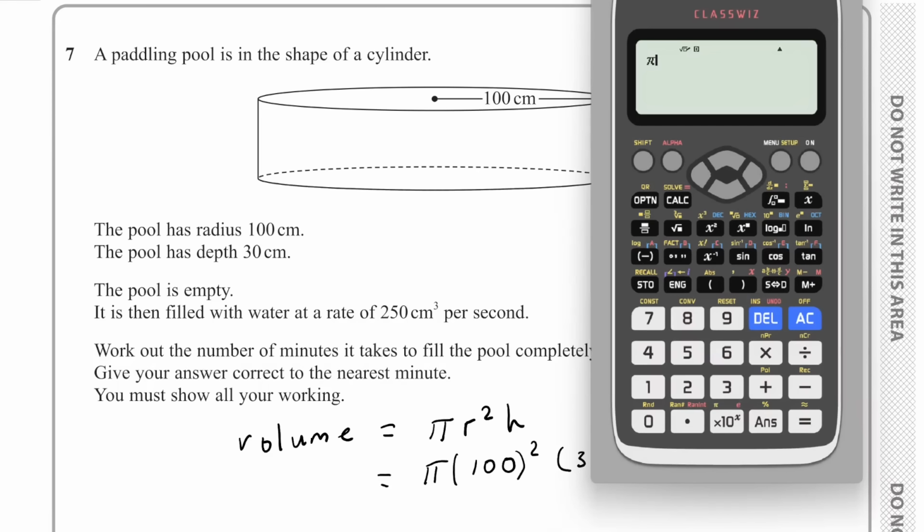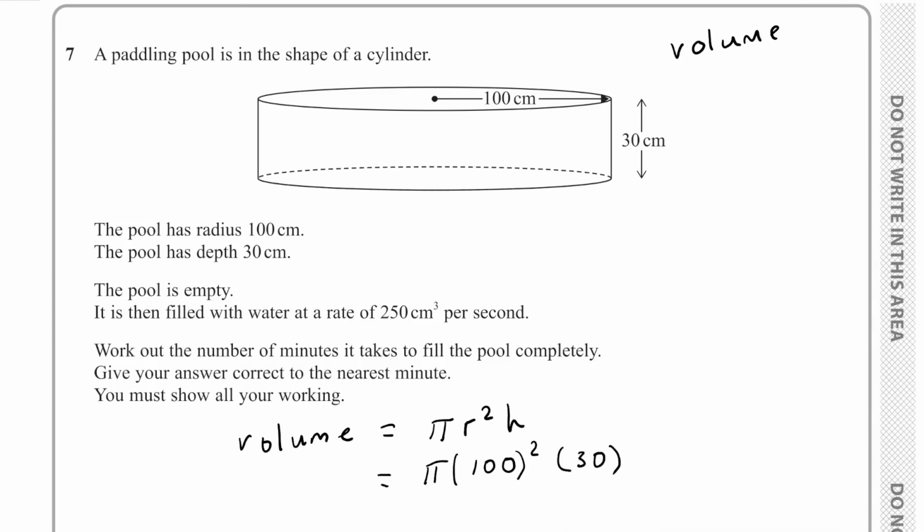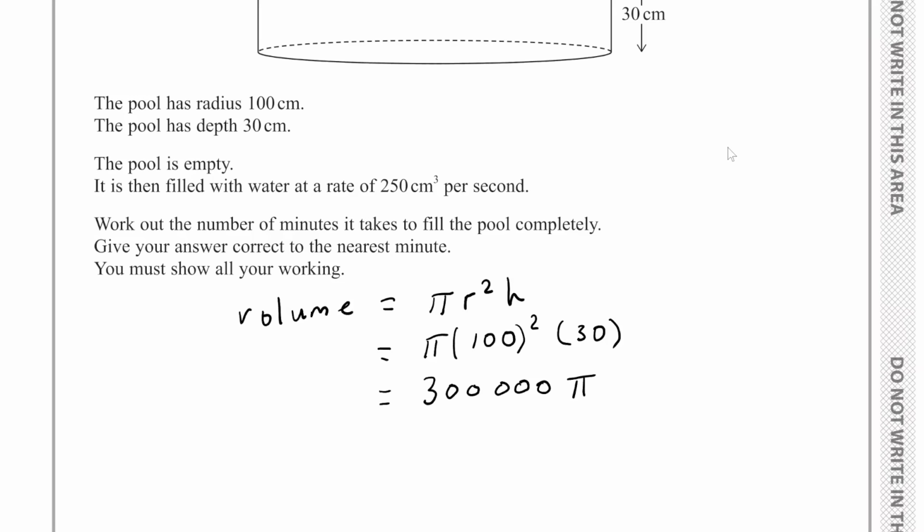So I've got 300,000 pi. I'm going to leave it in terms of pi for now, just because it's easier to write down. It doesn't matter if we change it. So that's how many centimeters cubed we've got.